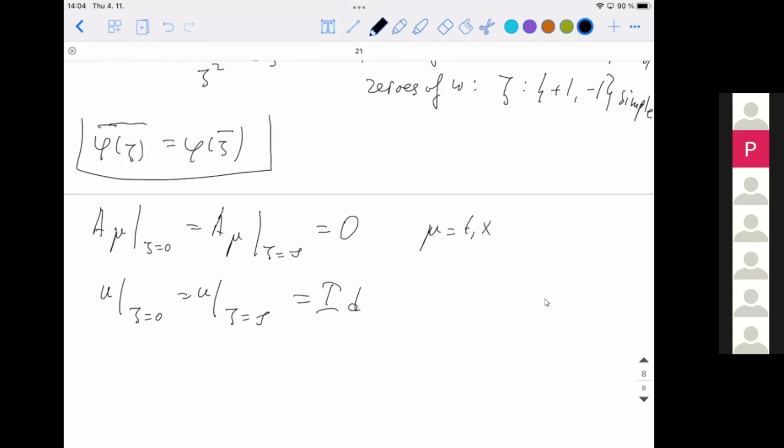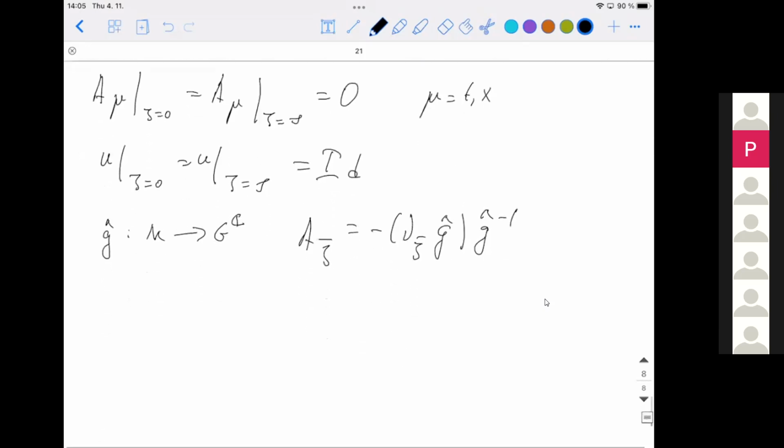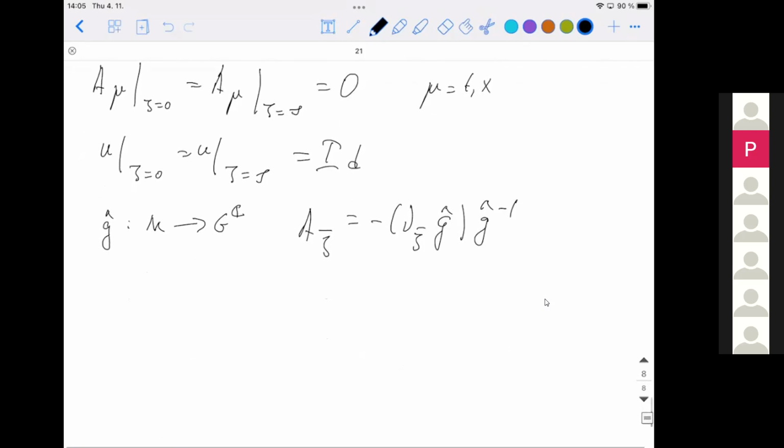Okay, so this G bar two-dimensional field parametrizes that dz bar G hat inverse.